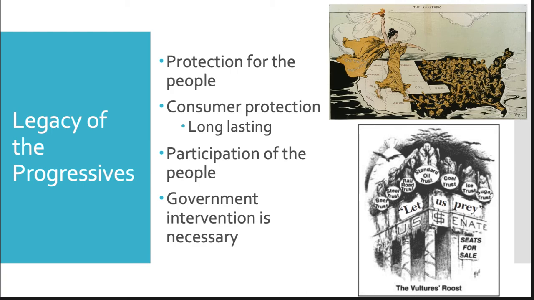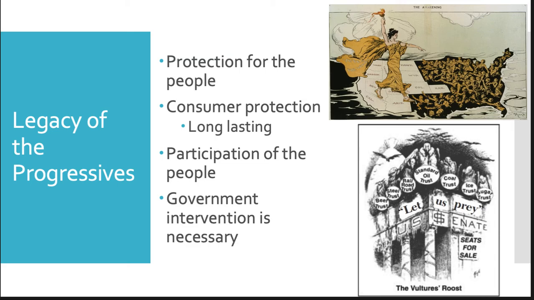How can the federal government protect and serve its citizens on a day to day basis? Consumer protection began with the progressives and is long lasting. It still remains today. Protection from big business for the consumer, setting the idea that you can't price gouge people, setting the idea that there needs to be safety standards not only within the factory but on the product as well.